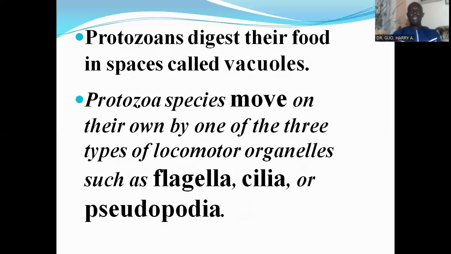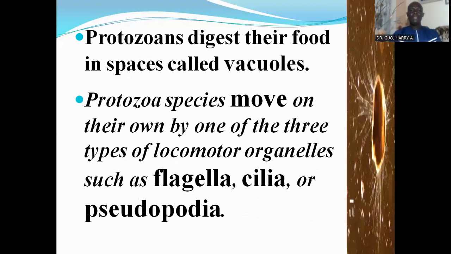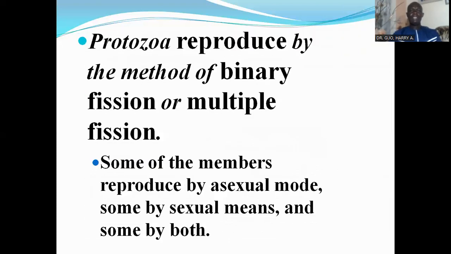Protozoan species move on their own by one of three types of locomotor organelles: flagella, cilia, or pseudopodia. And that's one of the bases for the classification of the protozoans into various groups. Protozoa reproduce by binary fission or multiple fission.